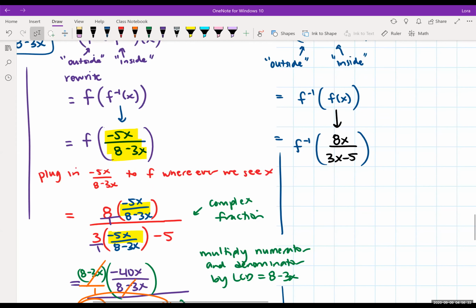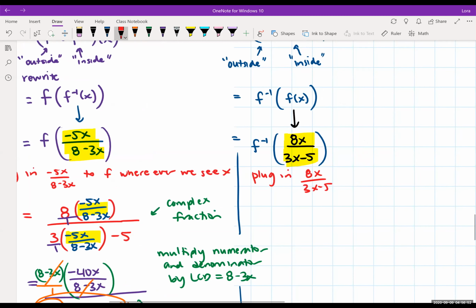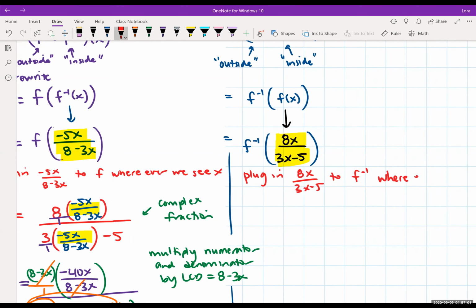We now have notation that we'll be taking the 8x over 3x minus 5, and we're going to plug this into the inverse wherever we see x. So that's notation. Plug in 8x over 3x minus 5 to the inverse wherever we see x.